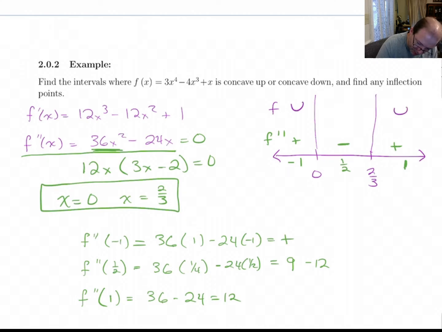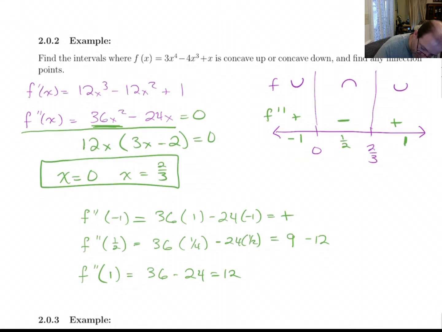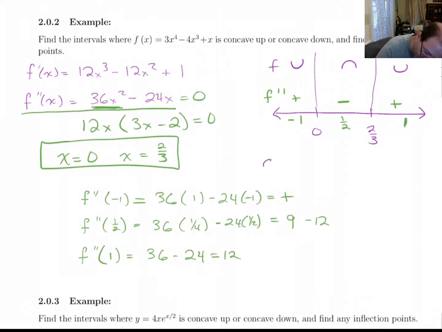The pluses get smiles, the minuses get frowns. And so this graph is concave up on minus infinity to 0, and from 2/3 to infinity.